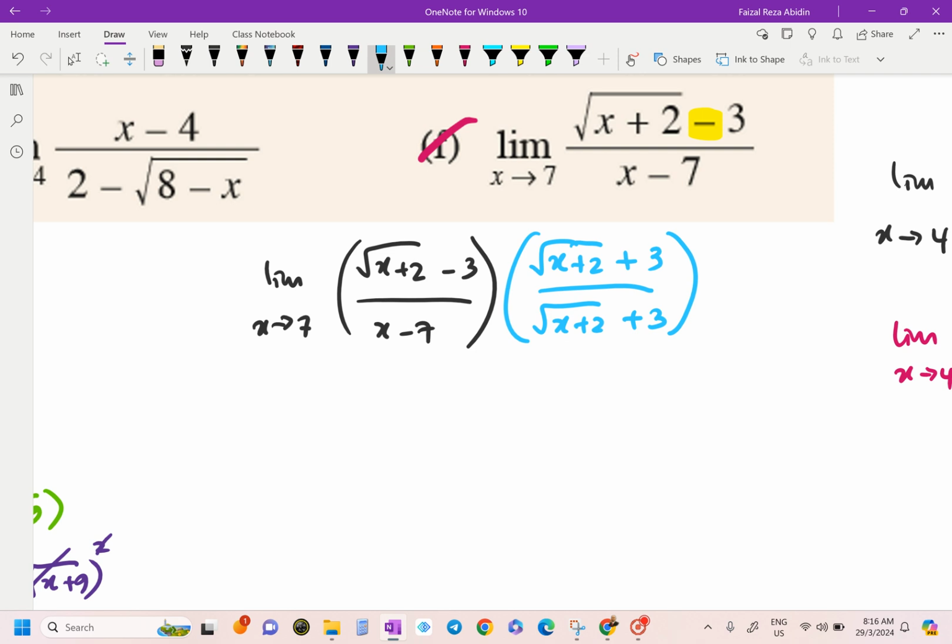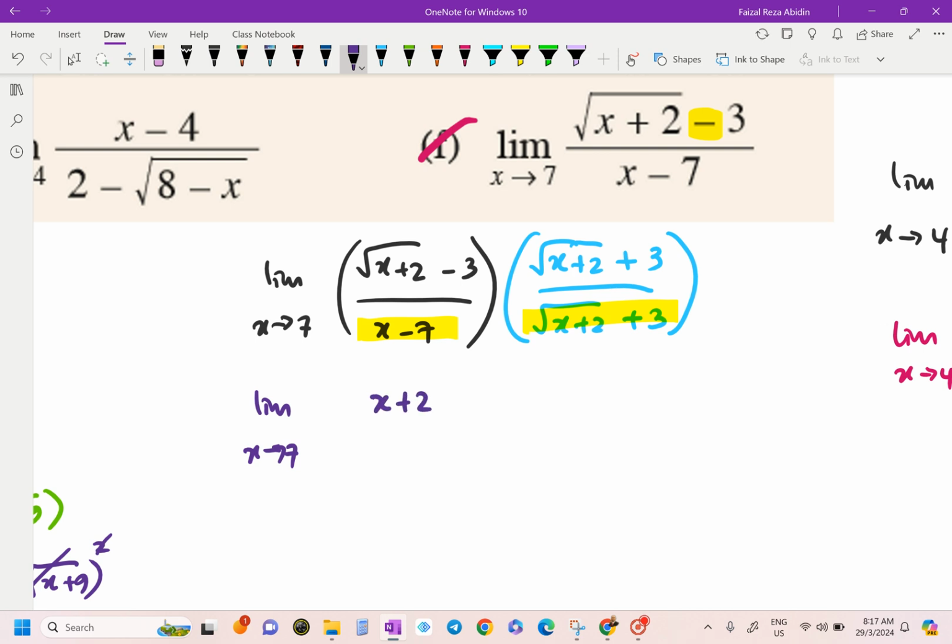So this one, we are going to do the numerator, not the denominator. The denominator we are going to copy back only. The numerator we are going to expand. So what you are going to get is limit x to 7. Over here, square root of x plus 2 times square root of x plus 2, I'm going to get square root of x plus 2 squared, so you are going to have x plus 2.